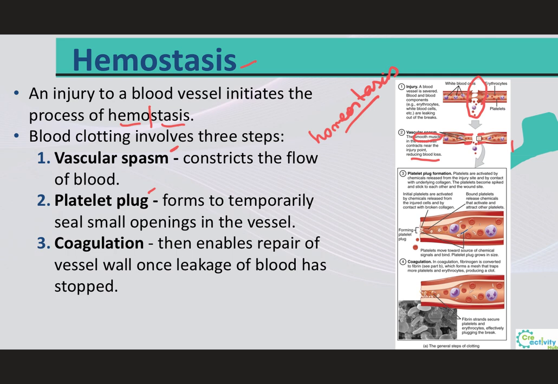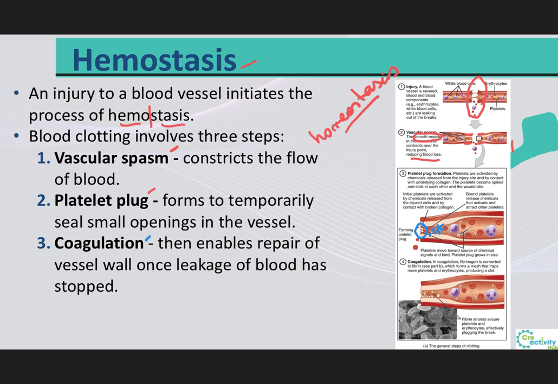This will cause the platelets to become spiked, or extend these cytoplasmic processes, as we can see here from this image. In addition, they will start to stick to one another, and by doing this, they temporarily seal the small openings in the vessels. In the third and last step, we have the process of coagulation.